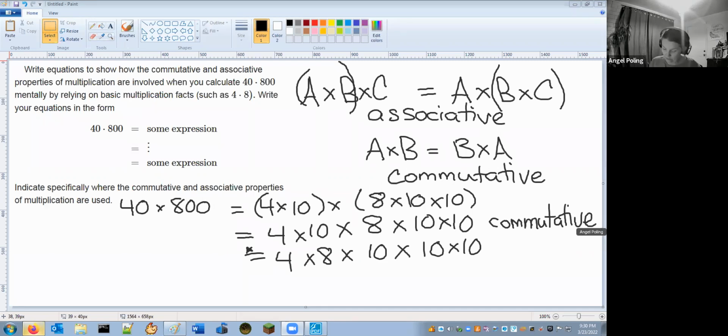So to make the next equal sign true, I use the commutative property. Now I'm going to associate the 4 with this 8, and then all of these 10s together, right?